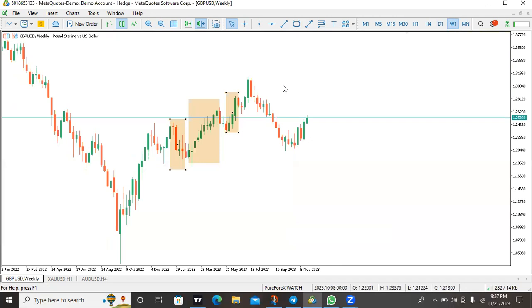You see, on weekly, we are impulse. We make an impulsive move, then correction. So on this correction on weekly, we can be looking for selling opportunity because on daily or H4 time frame, we are going to be seeing characteristics of a downtrend on the weekly retracement.